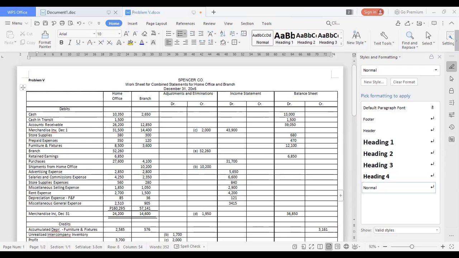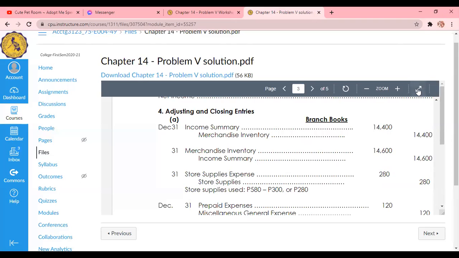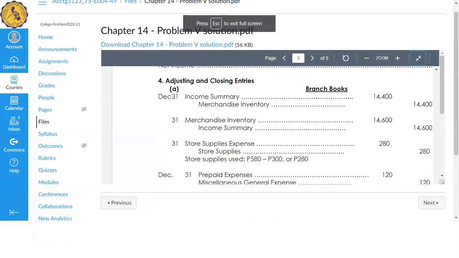And the next entry in the books of the branch is to debit home office current for 3,021 and to credit income summary. In other words, this is the income or the loss of the branch. Now, actually, it's a loss because the income summary debit is greater than the credit regarding sales.